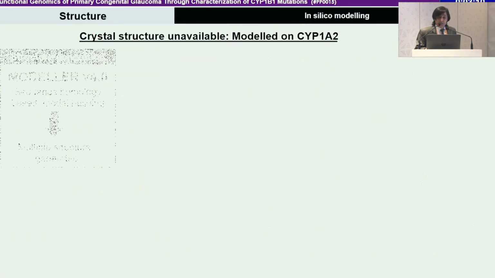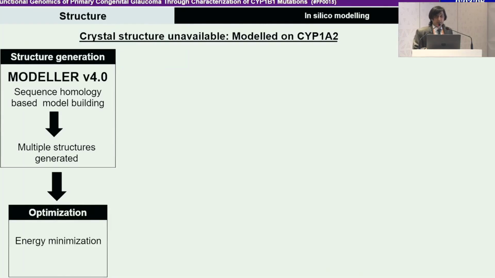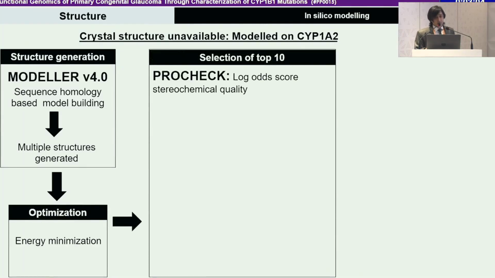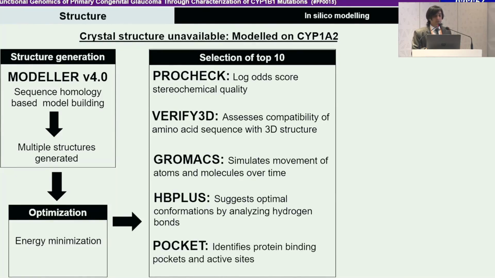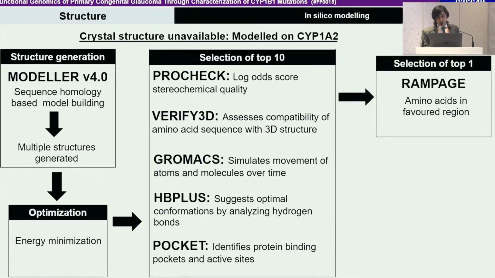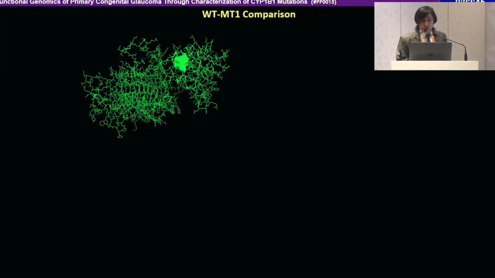So we did structural modeling using Modeller, then energy minimization, and chose the top 10 best structures using ProCheck, Verify3D, GROMACS, HP+, and Pocket. These are different programs looking into different structural parameters. Then we chose one top structure using the Ramachandran plot, and visualized with PyMOL and Python.